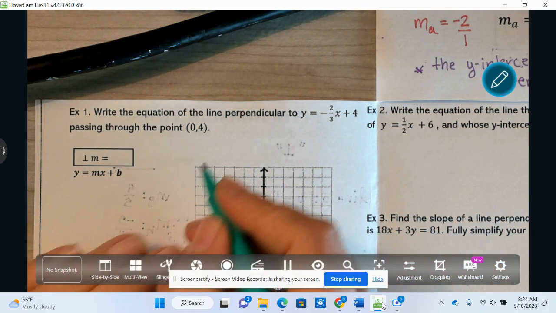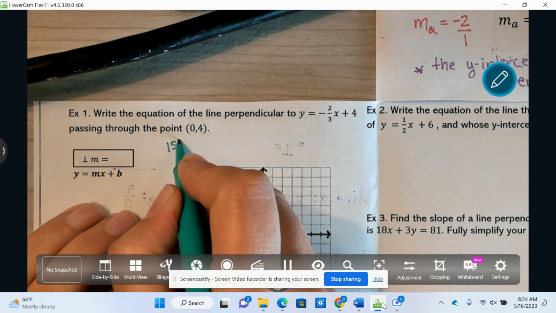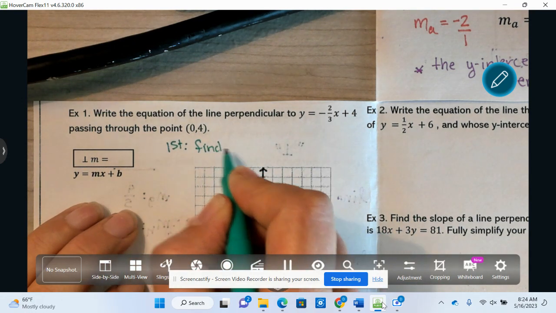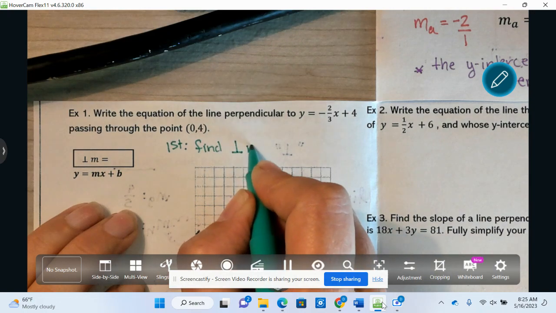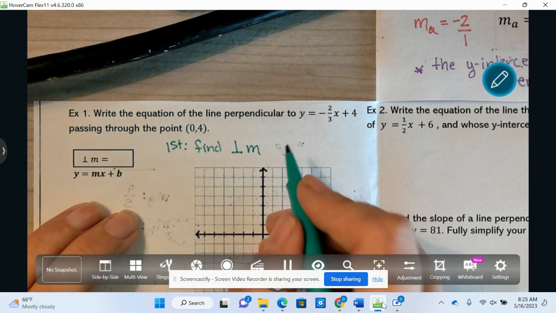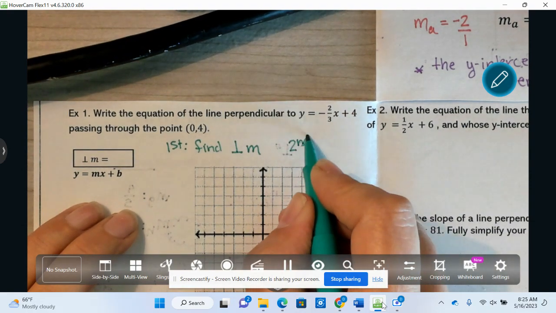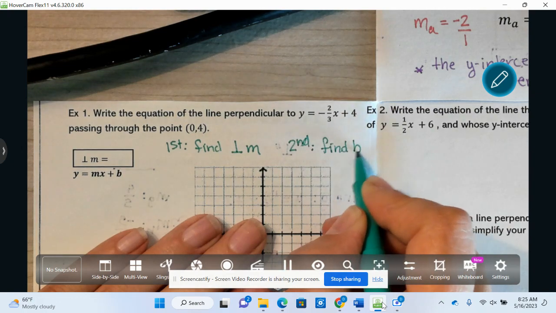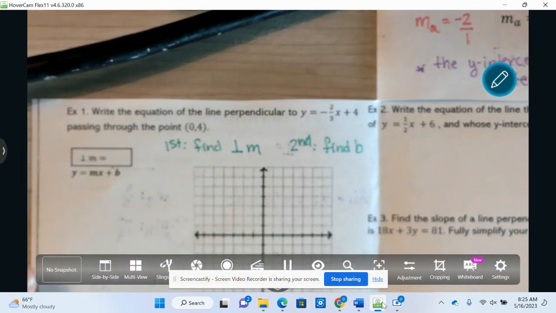So I'm going to write some steps out. First, we need to find the perpendicular slope. It's not the same. The last one was the parallel slope, and that was the same. And then second, we're going to solve to find b. Those are the two things that we're going to do.